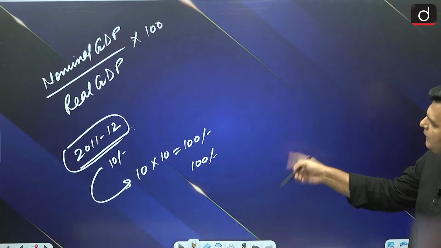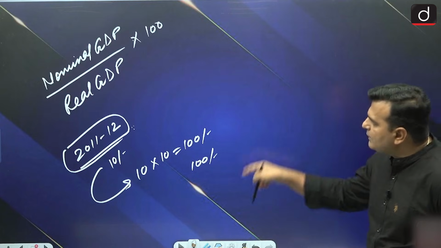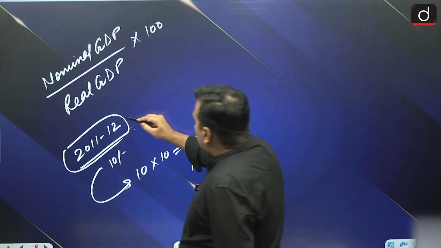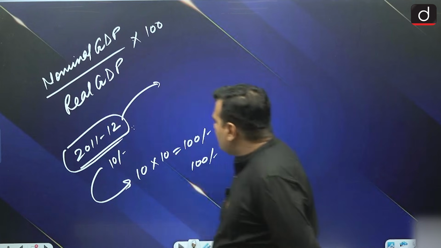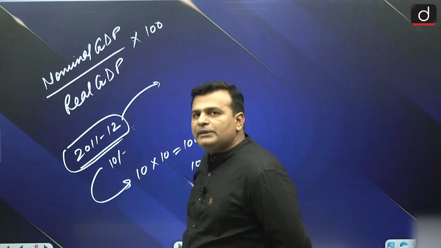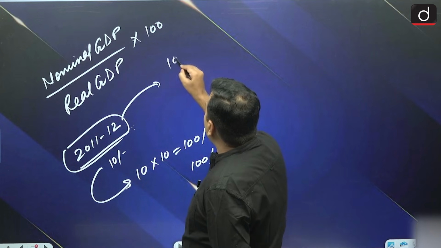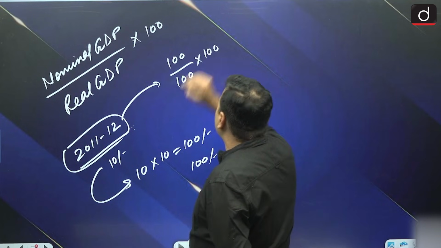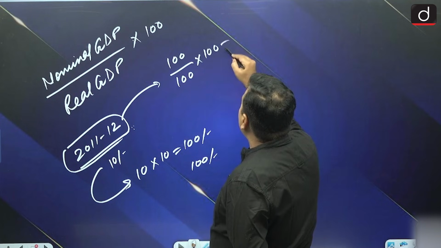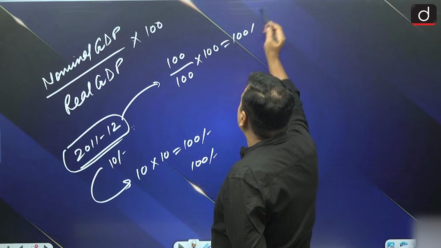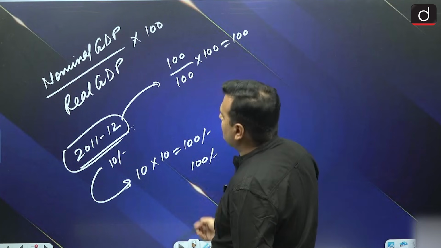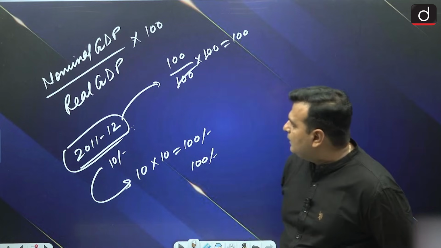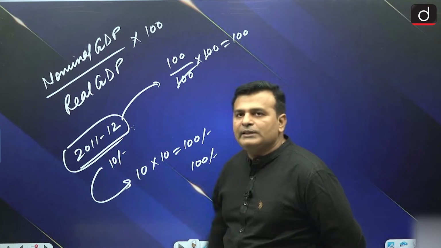So nominal GDP and real GDP, they both will remain the same in that financial year. So how exactly will the GDP deflator for this financial year be calculated? It is the nominal GDP divided by real GDP multiplied with 100. So it will come out to be 100. So this is how the GDP deflator of this financial year will be calculated.